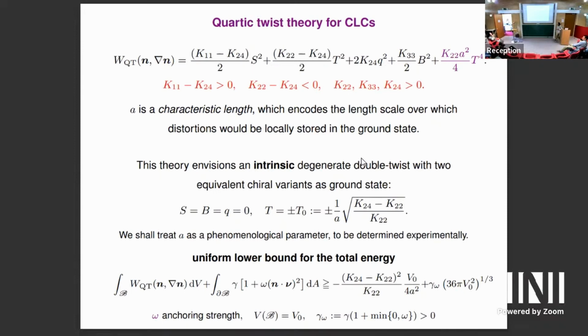Last question: this parameter A, which at present is a model parameter, could you work it out for a given value of K11, K22, K33, K24? Can A be worked out as part of some sort of optimization problem, or do we minimize the energy with respect to A?